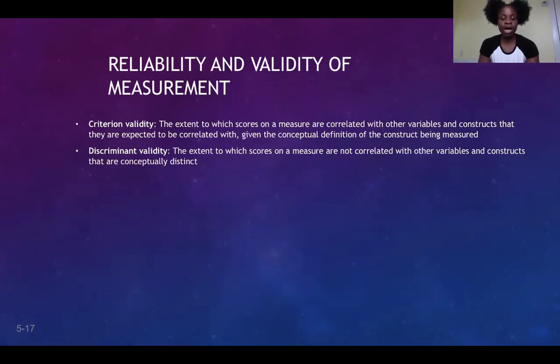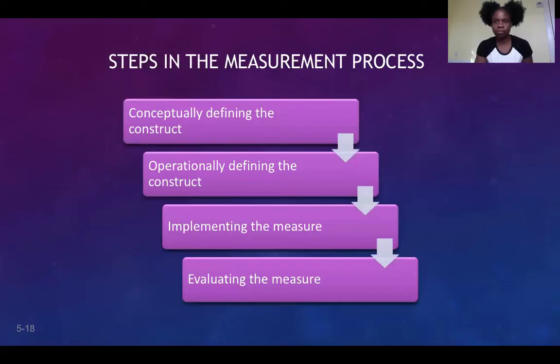Lastly, the reliability and validity of a measure is not established by any single study, but by the pattern of results across multiple studies. The assessment of reliability and validity is an ongoing process.